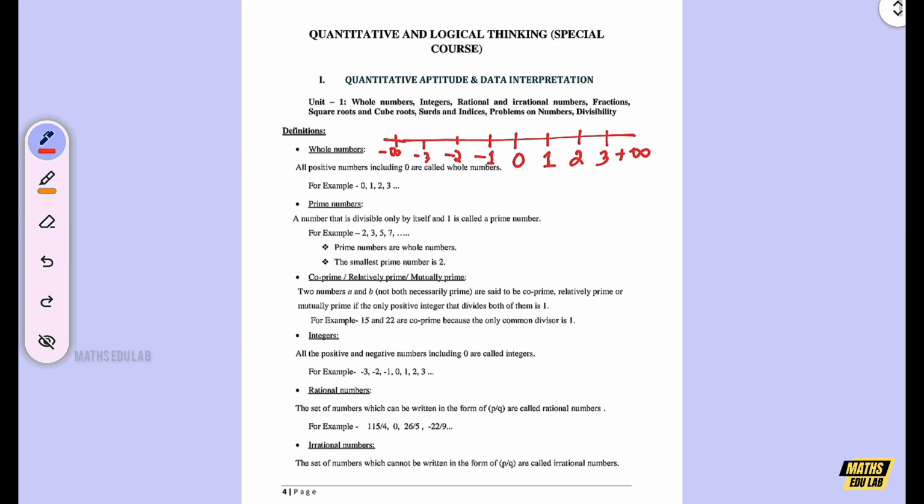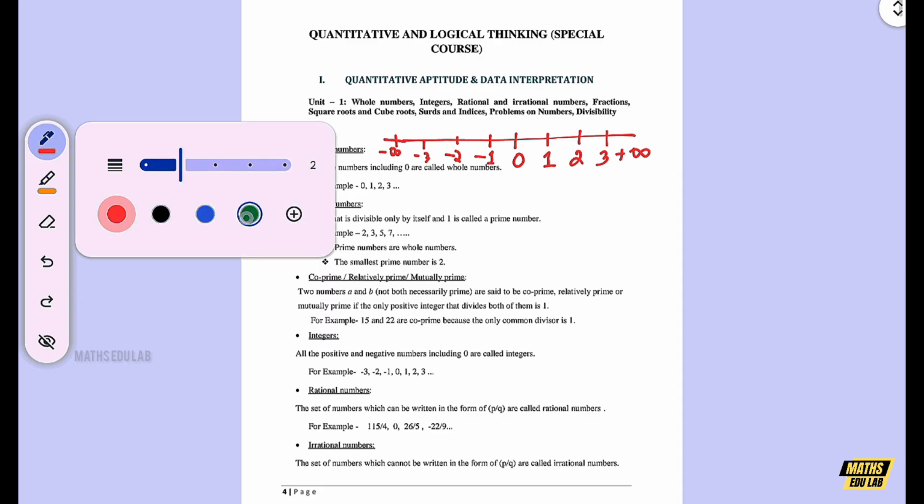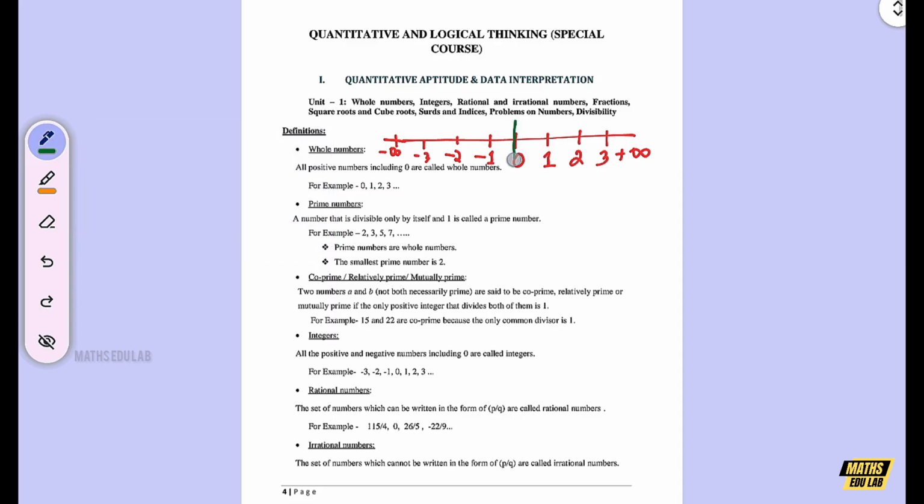This 0 is the place where it divides the positive integers as well as the negative integers. The left hand side integers are negative and the right hand side numbers are positive integers.